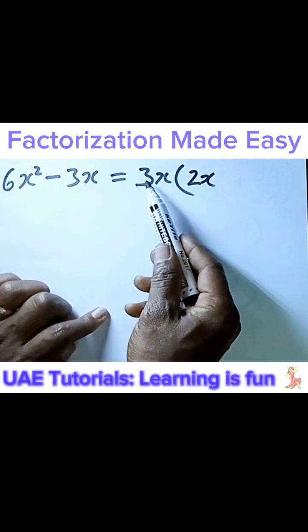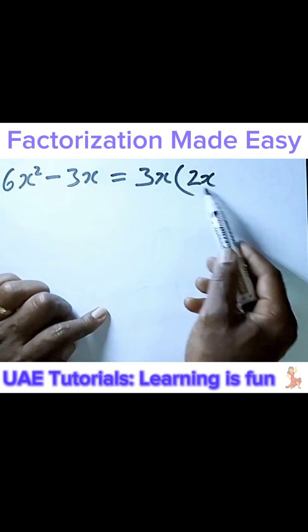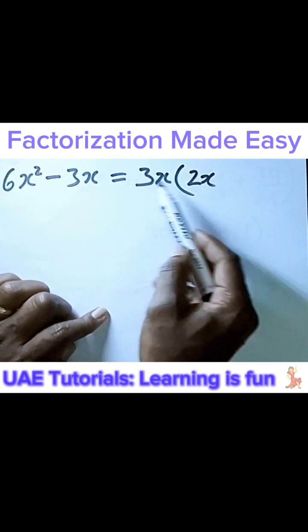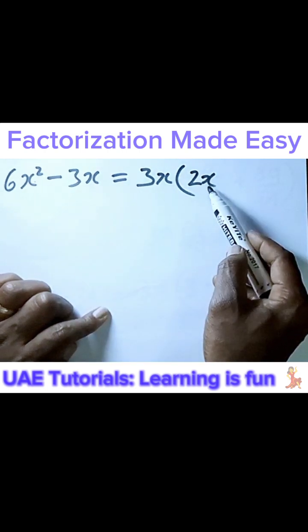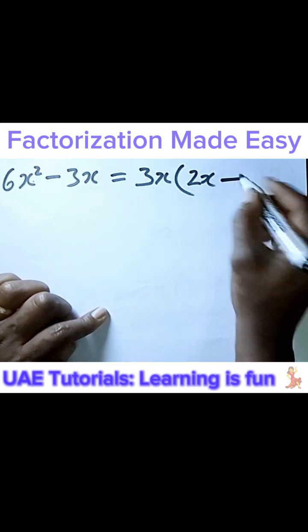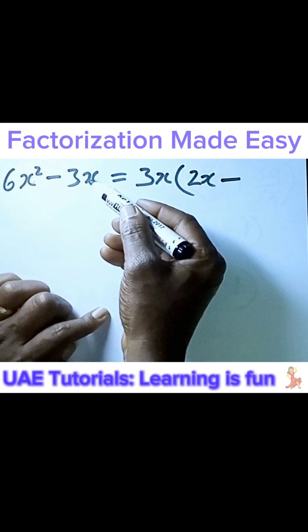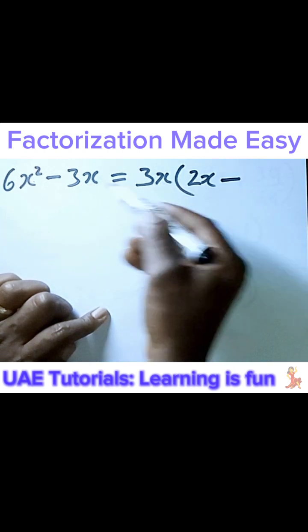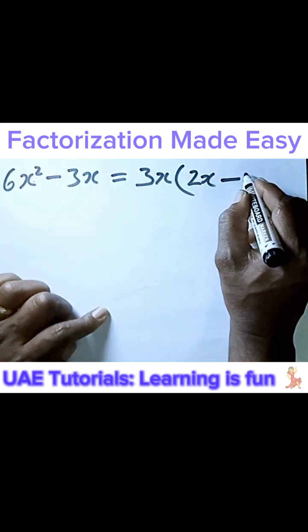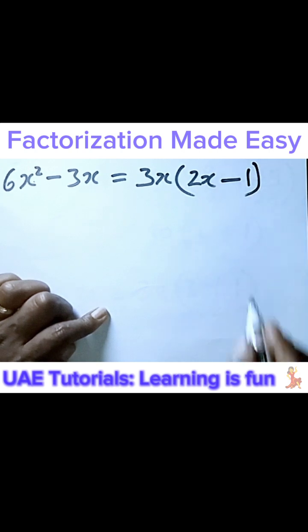Yes, when 3 divides 6, you get 2. When x divides x squared, you get x. And when 3x divides 3x, what is left is 1. Simple.